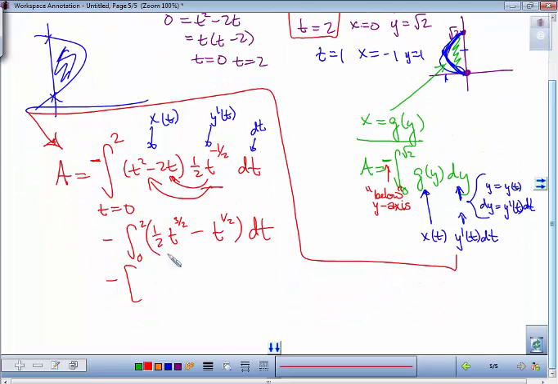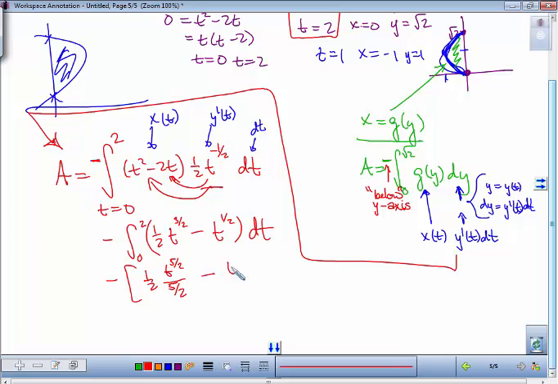Just don't forget the negative sign. So I have a 1/2 as a constant. What do you do when you integrate? Add 1 to the power. So that's 5/2 divided by 5/2. Looks like the 2's would cancel there. I'll cancel that in a minute.